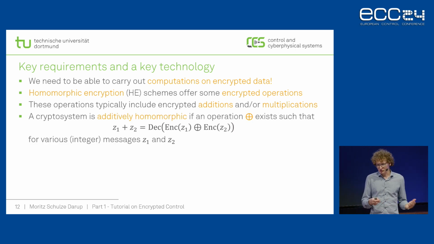So we call a crypto system additively homomorphic if it comes with an operation O+ here. And this operation O+ is such that if you want to evaluate the sum of two numbers, but you only have access to encrypted versions of these numbers, then you can apply this O+ operation on these ciphertexts. It will result in another ciphertext.